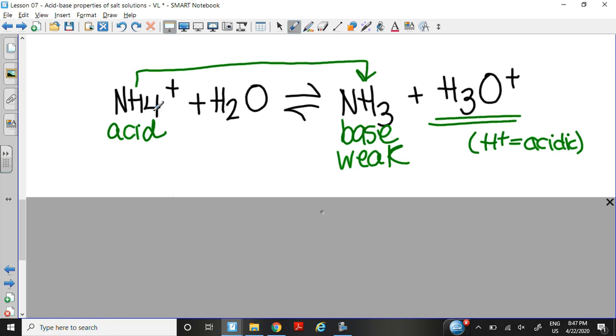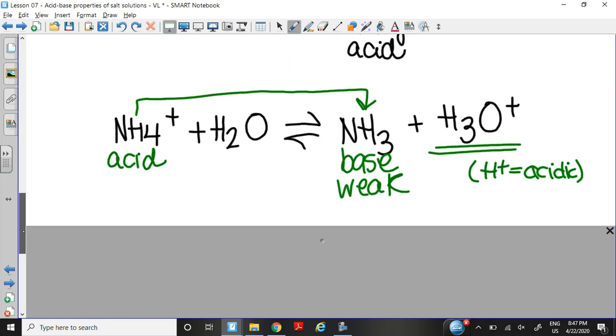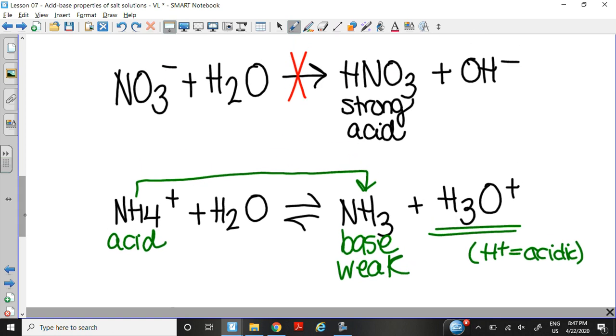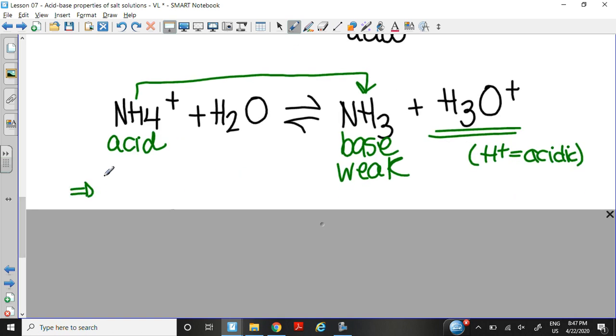So this ion here is making the conditions acidic. We've got an ion that doesn't interact, and one ion that does interact, and this time it's making an acidic solution. So here we can say NH4NO3 is acidic.